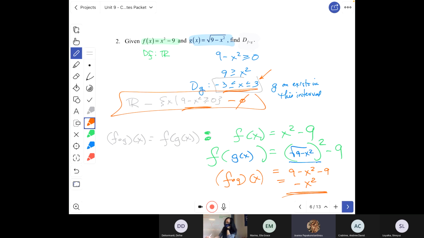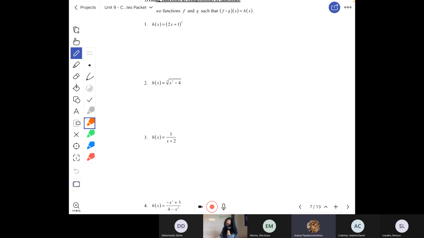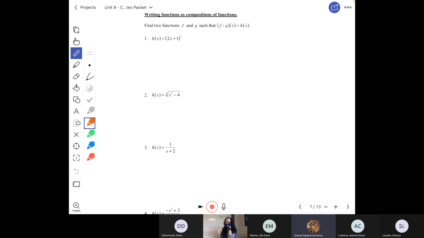Now, it gets a little bit more interesting if I give you the composition. So let's say I give you the result. I've given you h of x in each of these. You get to have the fun of figuring out what the two original functions are. Now, some people see these faster than others, like factoring, right?